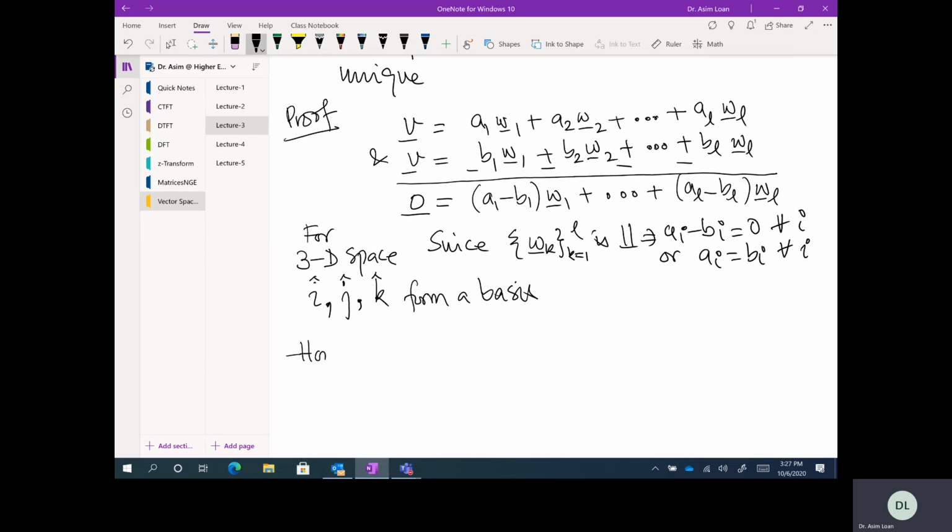However, you need to note that vector space V has infinitely many bases.